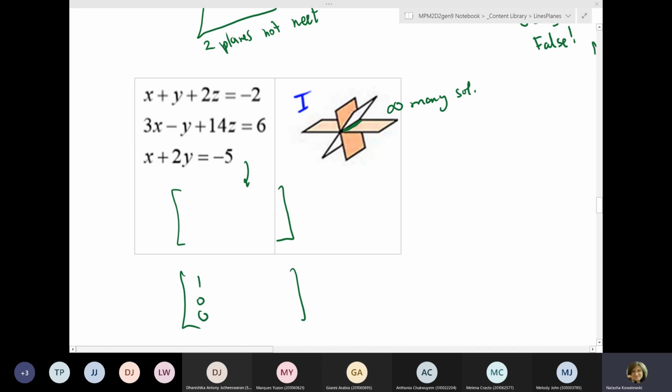Okay, so if you have converted it to a matrix first, this is your way to verify it. Let me tell you what the answer is. It would be 1, 1, 2, -2, 3, -1, 14, then a 6, then 1, 2, then 0, -5.